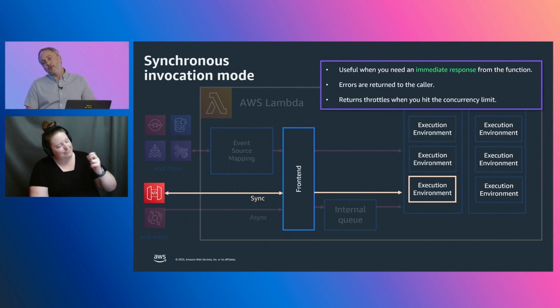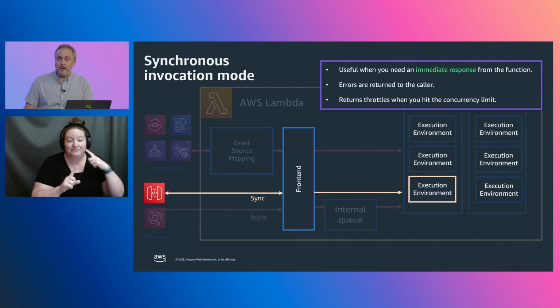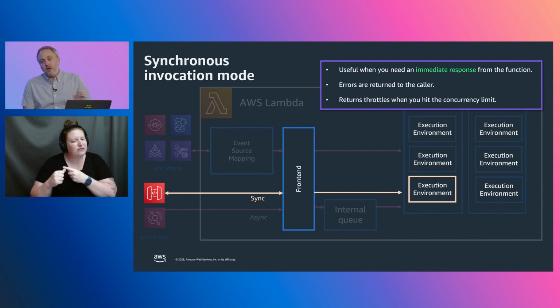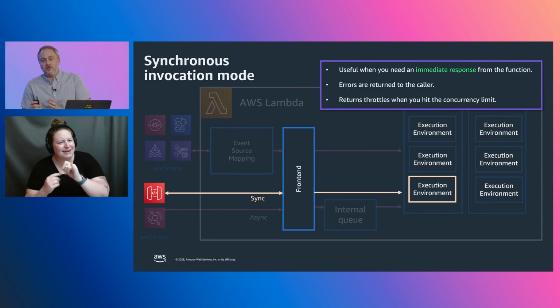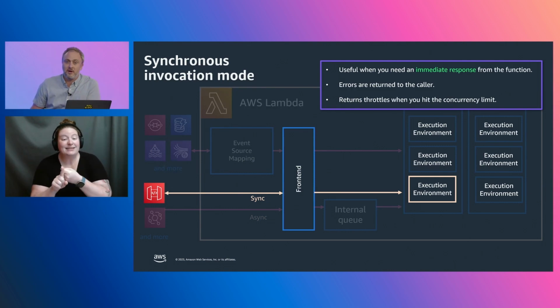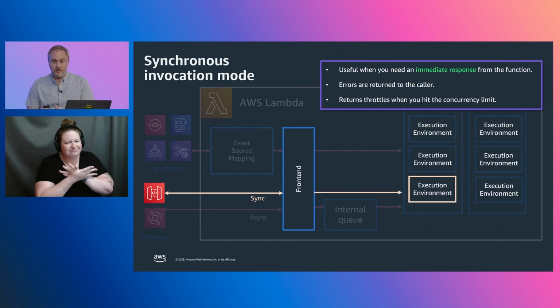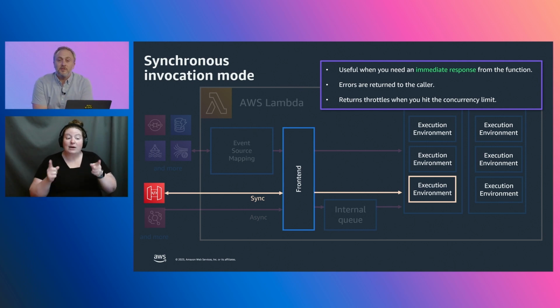So you send a request to your Lambda function via Amazon API Gateway. The first thing that does, once it passes through API Gateway and proxies on to the Lambda service, is under the hood actually hits this front-end API, right? Now, this is completely obfuscated from you, the developer, the customer. You don't have to worry about this. You don't have to really think about it. But this is what the Lambda service is doing for you.